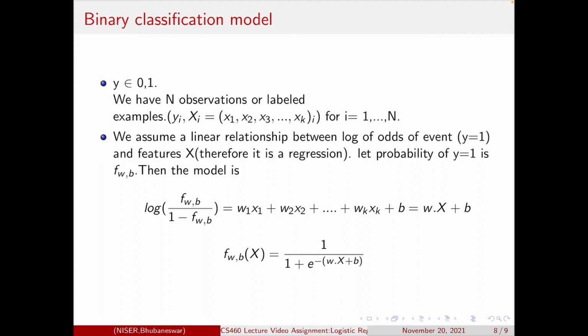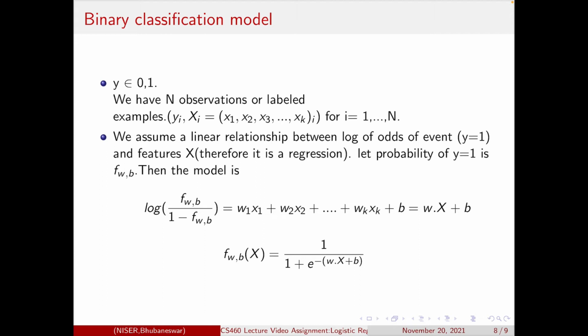This log of odds is equated to the linear combination of the feature variables. So the parameters are w1, w2, up to wk and b. So log of f of wb divided by 1 minus f of wb is equated with wx plus b.